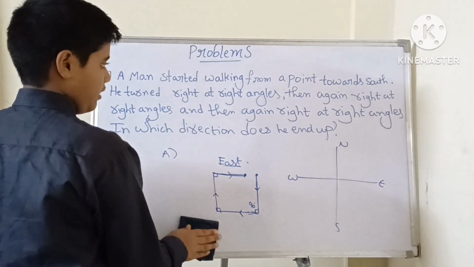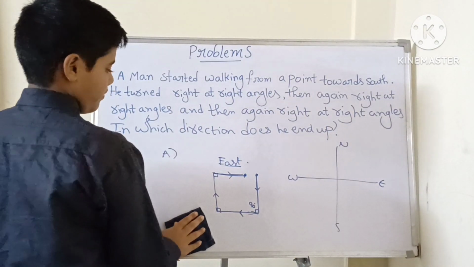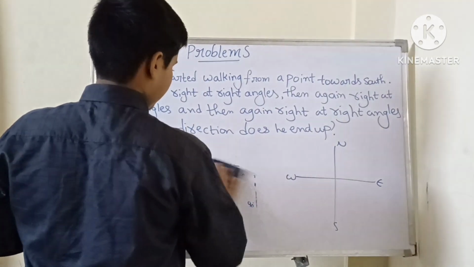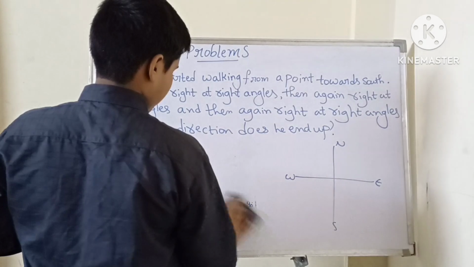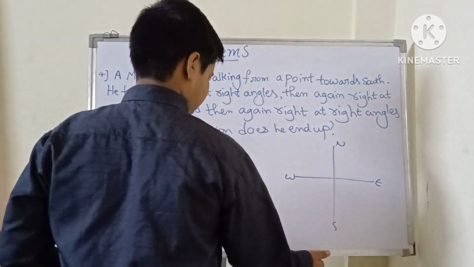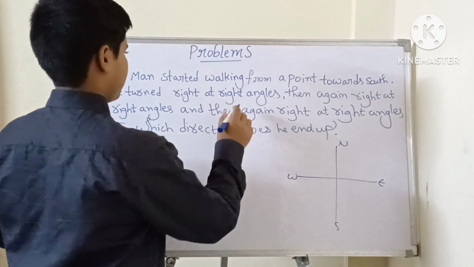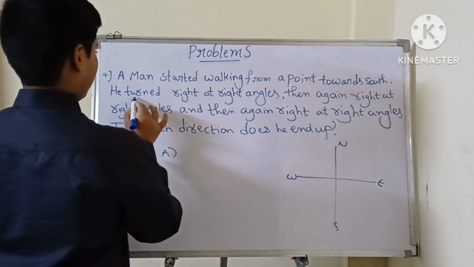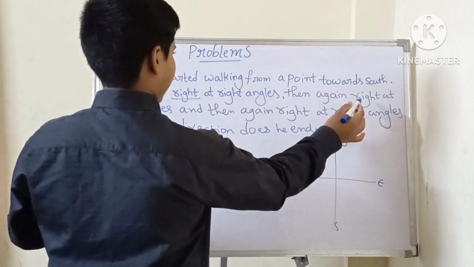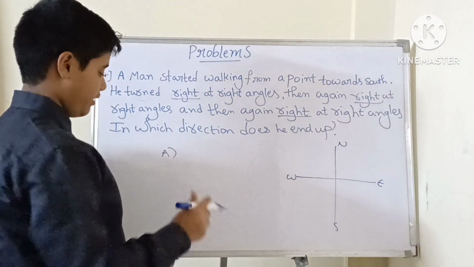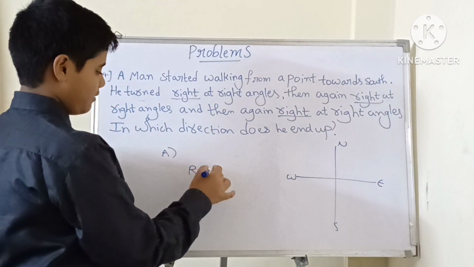Instead of doing it like this, another trick is there. In this trick, we have to consider only lefts and rights. See here, how many rights or lefts are there? Towards south, and he turned right, and again right, and again right. 3 rights are there, so write 3 rights.